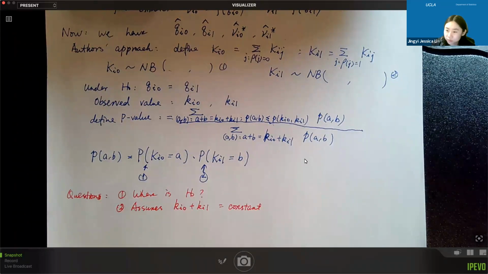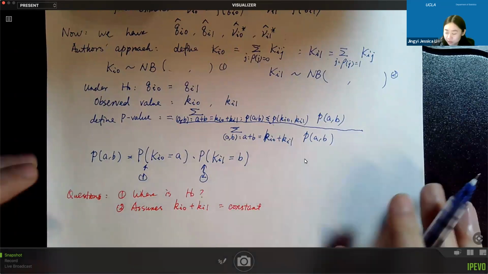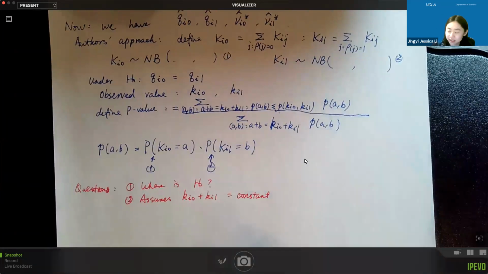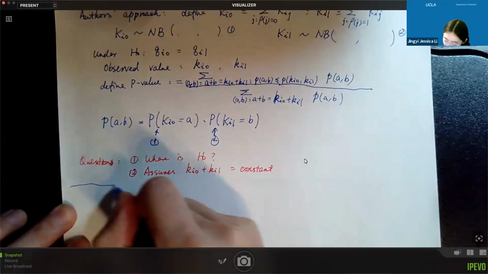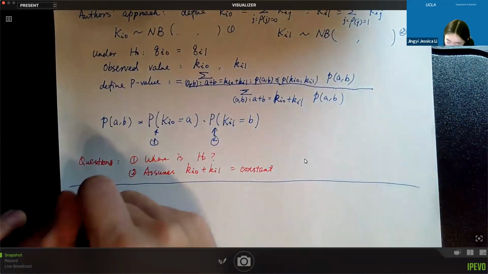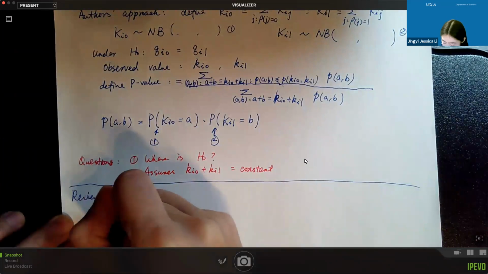So probably it's worthwhile for me to review what are the essential components of a statistical test, just as a review of the basics of 100B, if you have taken that class or other classes. After that, you can come back to this question again. So, review of hypothesis testing.